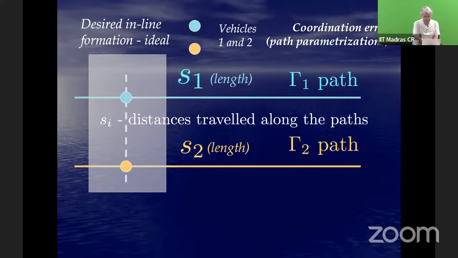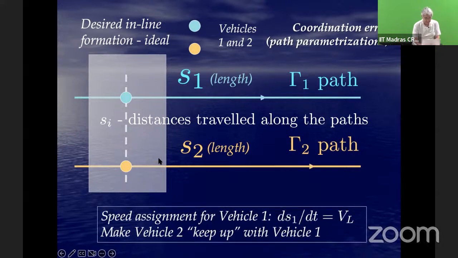The trick, as I mentioned to you before, is the following. Suppose you have these 2 straight lines, they are parallel, you have 2 vehicles, you have a path called gamma 1, and you have a path called gamma 2. That's the length along the path. Now, in this case, we are parameterizing the path by its length, okay? We are specifying the coordinates as a function of the length along the path.